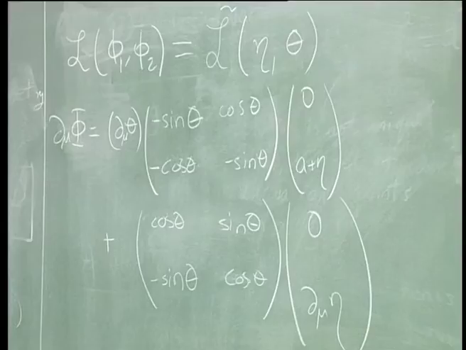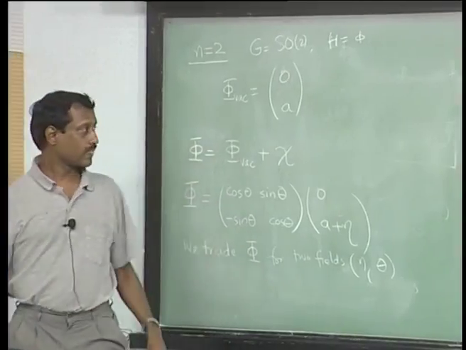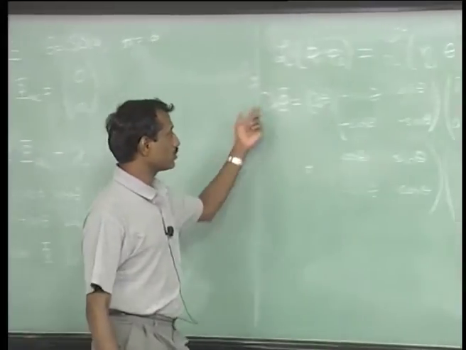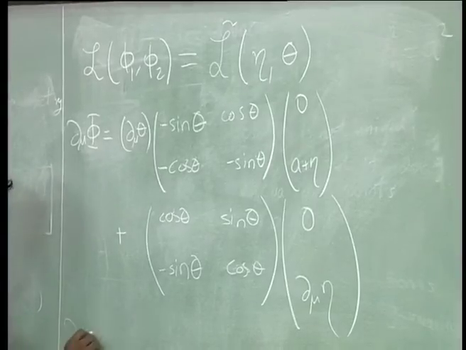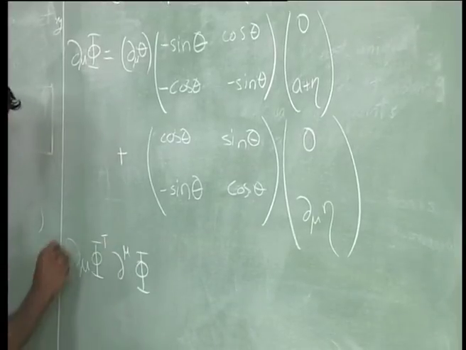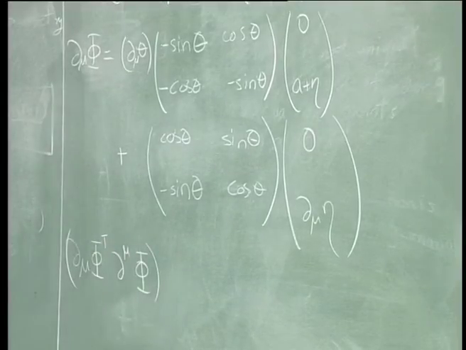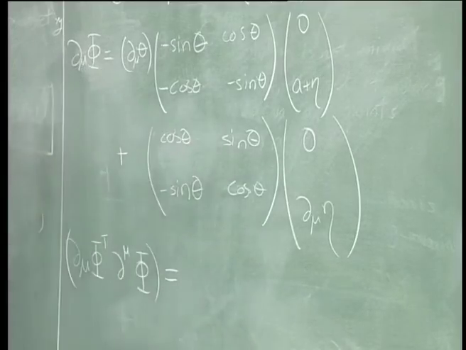Okay. I am not saying eta and theta are constants, they are fields. Okay. So, now you just got to go ahead and put this in, so we need to compute d mu phi transpose, of course. I will let you work this out, and tell me what you get.